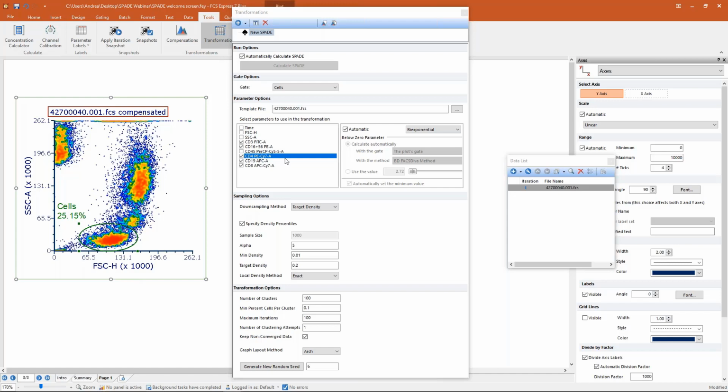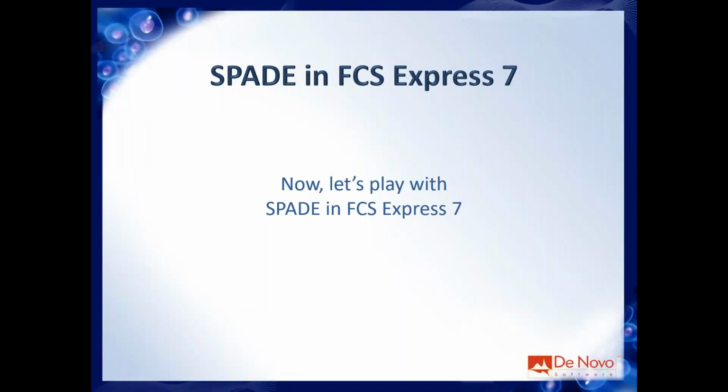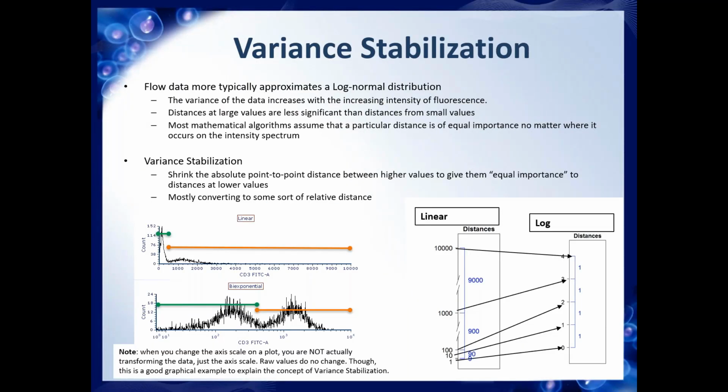Then the other crucial point is that for each of those parameters, you need to define a scale. This is really important, and I actually have a slide here. So you may already know that in flow cytometry, the variance increases with increasing intensity.